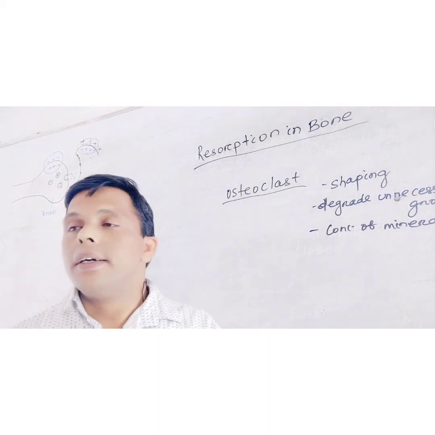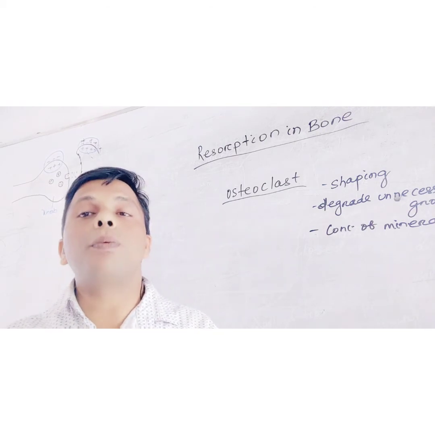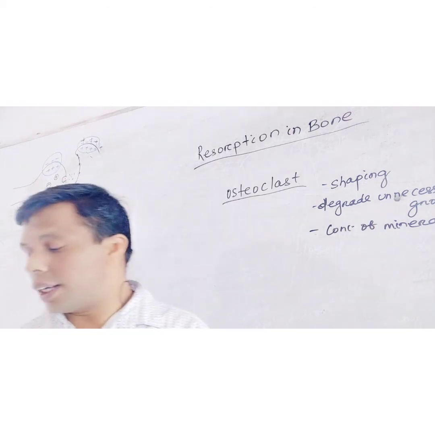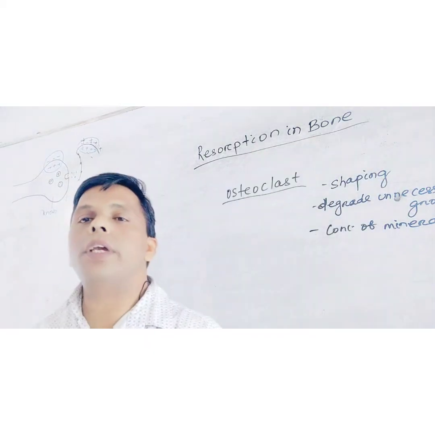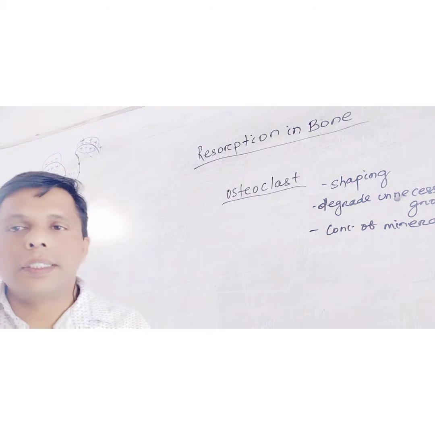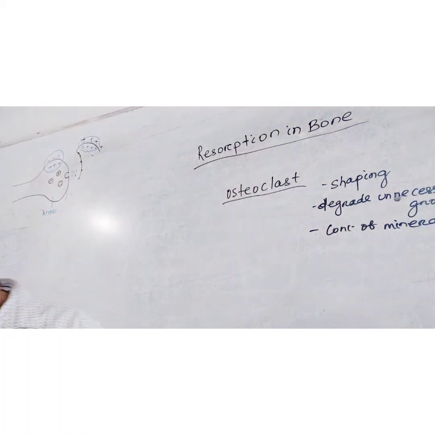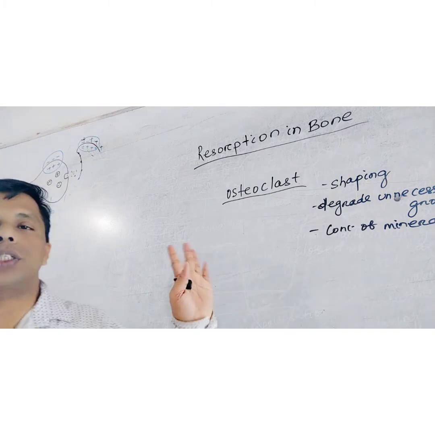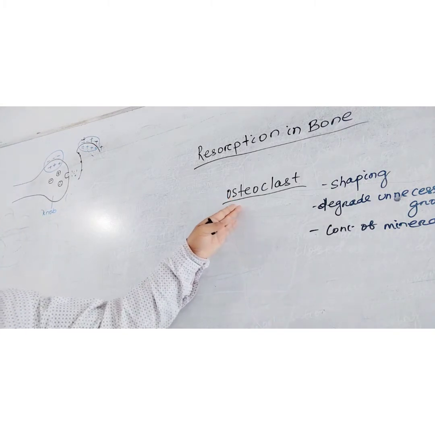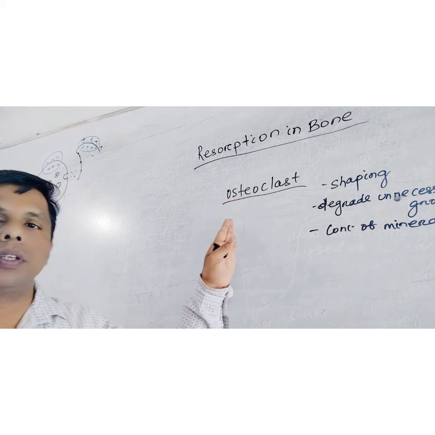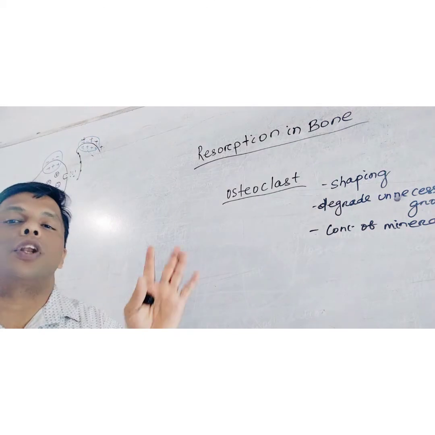Let us ask what is the actual process of degradation, the actual process of resorption. First, resorption involves three different processes: alteration in the osteoclast cell, then removal of mineral, then degradation of matrix.